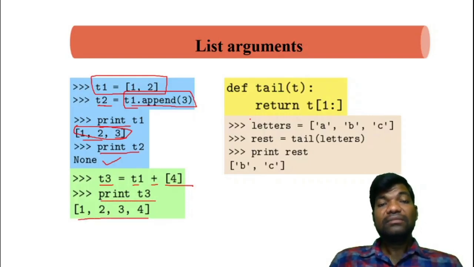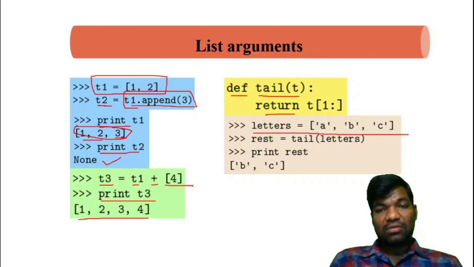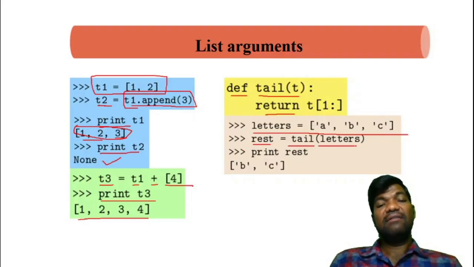Another example: define the tail function, tail of T. What do you have to return? T[1:], with no end part. Now letters equals ABC, rest equals tail of letters. 1 is the starting point, there is no ending point.